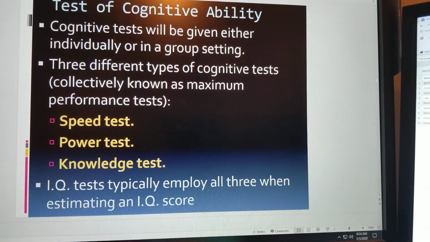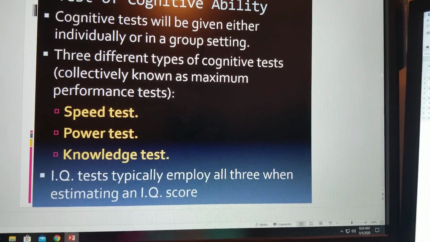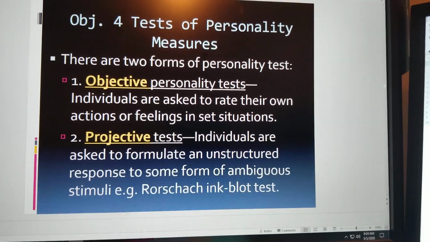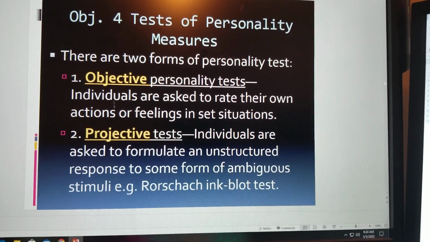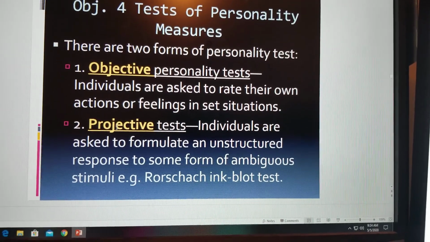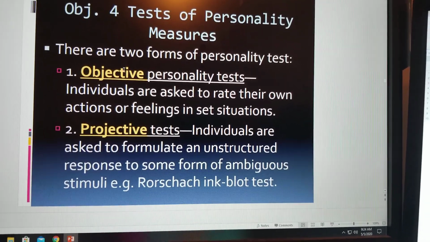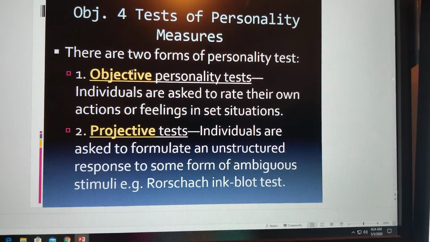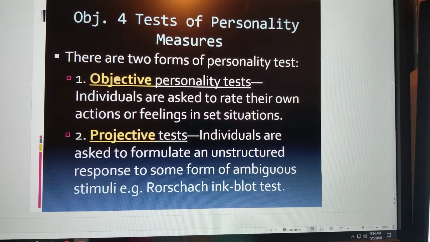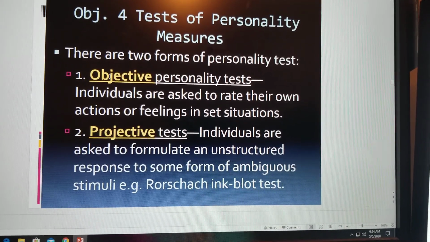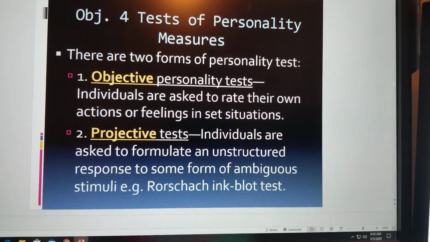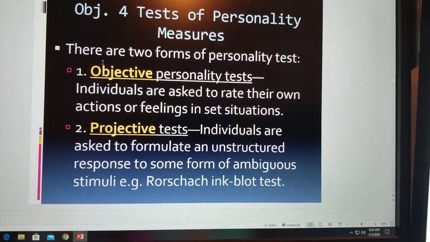And then when you get to your personality tests, there's 2 different personality tests, your objective test and a projective test. Objective is what I had you take online. The objective test was where you have set responses and you choose what your reaction would be in certain situations.